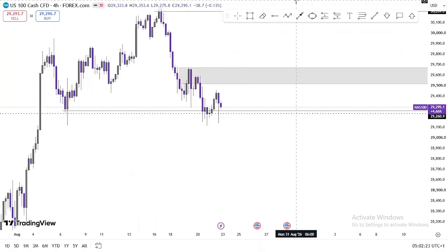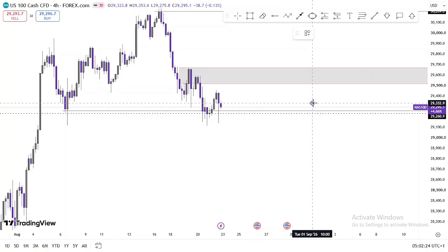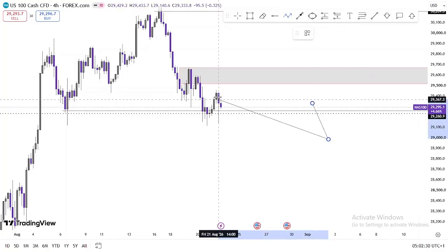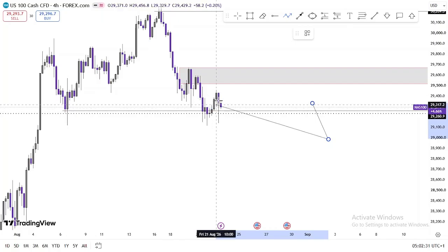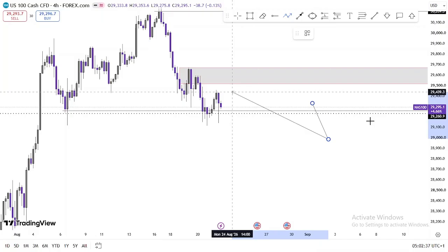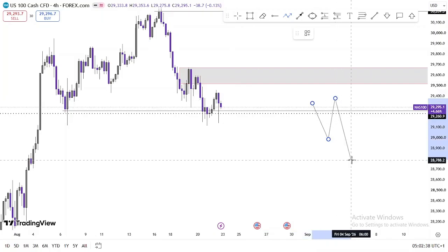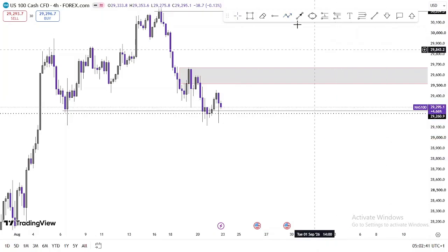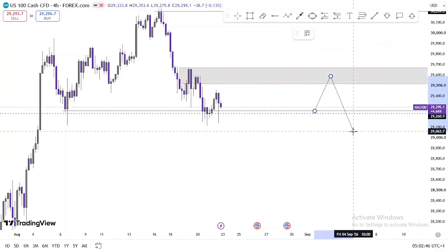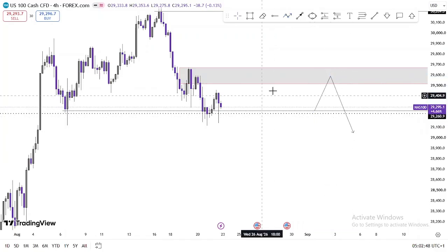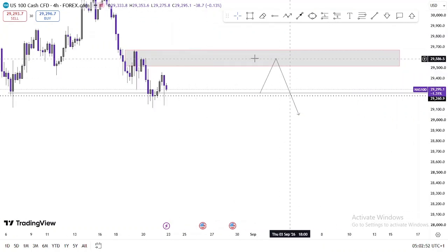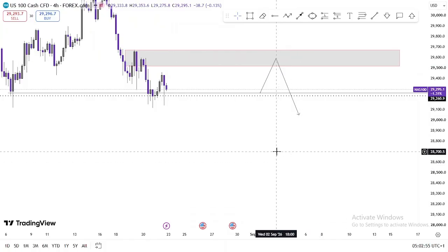But what we could see is either price breaks it and then comes back to retest what looks like a supply area being formed but it's not yet formed, or retests it and then continues down, or we could see price come back to this area first before continuing down. And this would be my more ideal scenario, price coming back to this supply area here before continuing down.